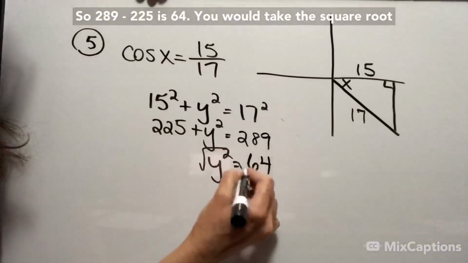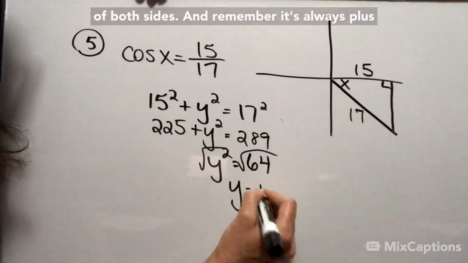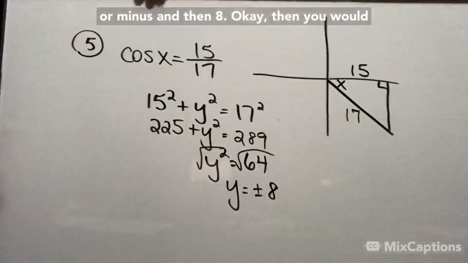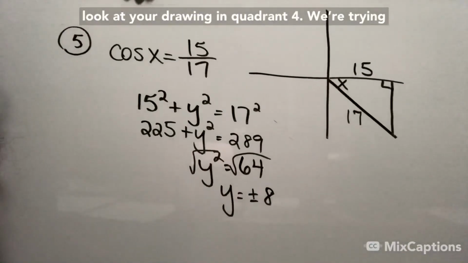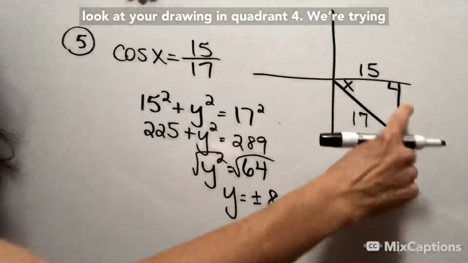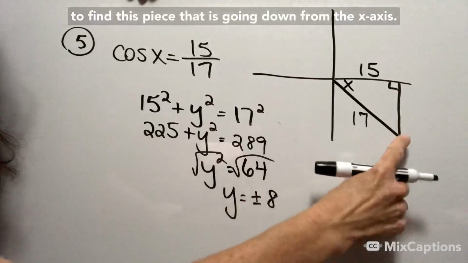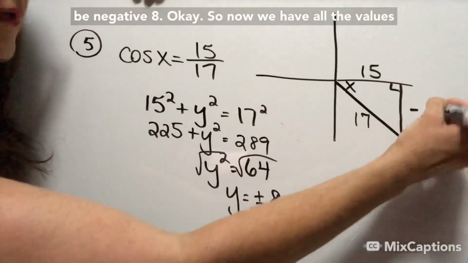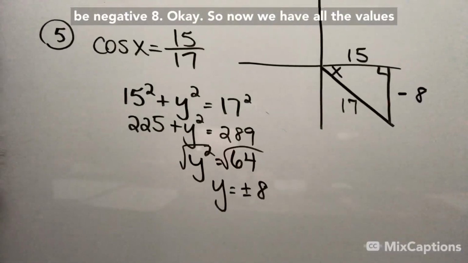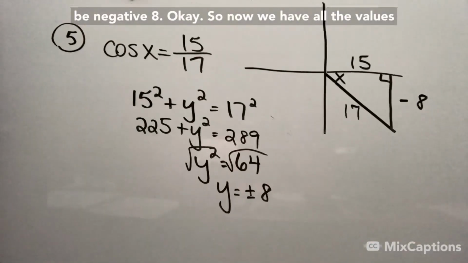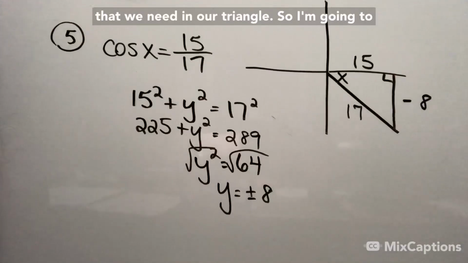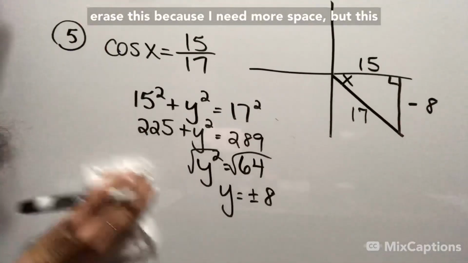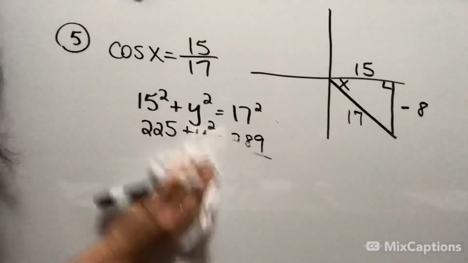You would take the square root of both sides, and remember it's always plus or minus, and then 8. Okay, then you would look at your drawing. In quadrant 4, we're trying to find this piece that is going down from the x-axis, so going down implies that that would have to be -8. Okay, so now we have all the values that we need in our triangle. So I'm going to erase this because I need more space, but this was just the Pythagorean theorem right here.